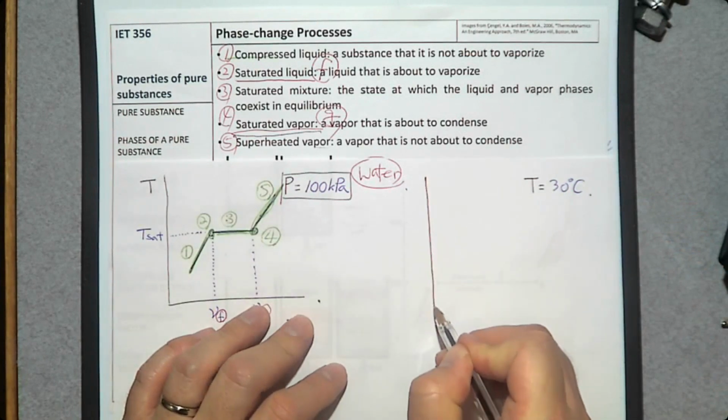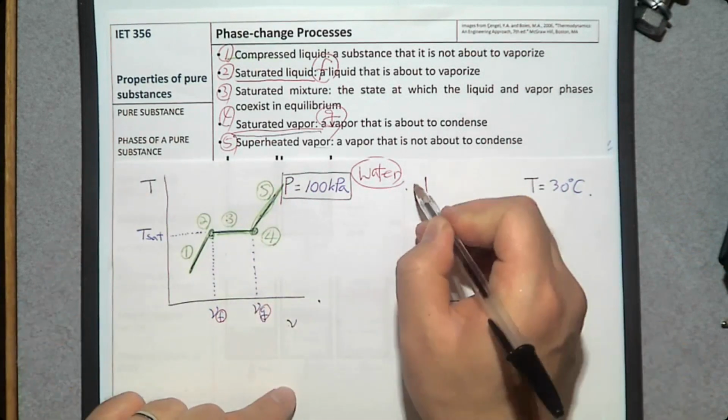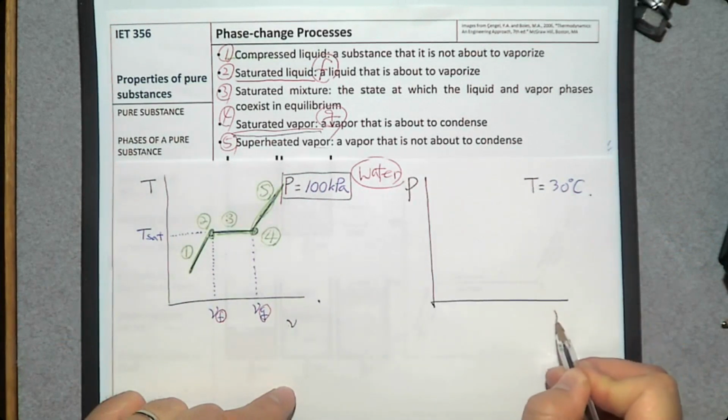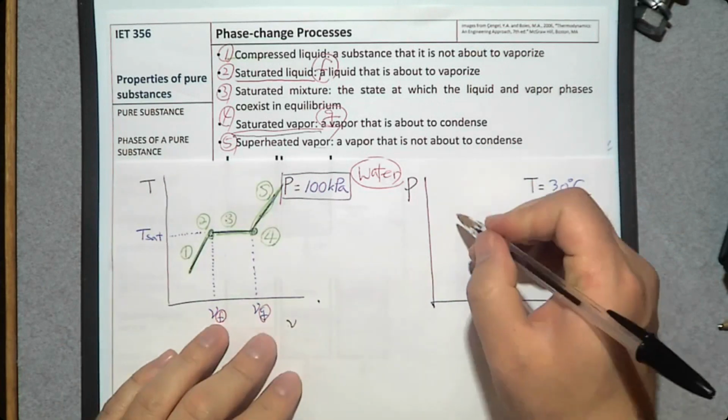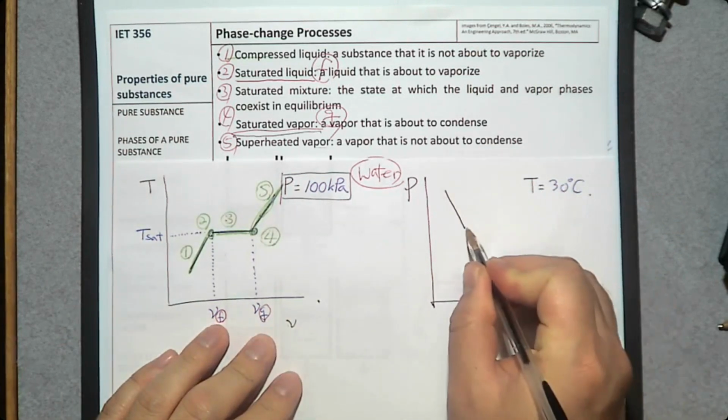In this case, not T-v, it's going to be P-v, pressure and volume diagram. This P-v diagram looks similar to the T-v diagram, but it is upside down. So not this way, it is going to be this way. So the P-v diagram looks like this.